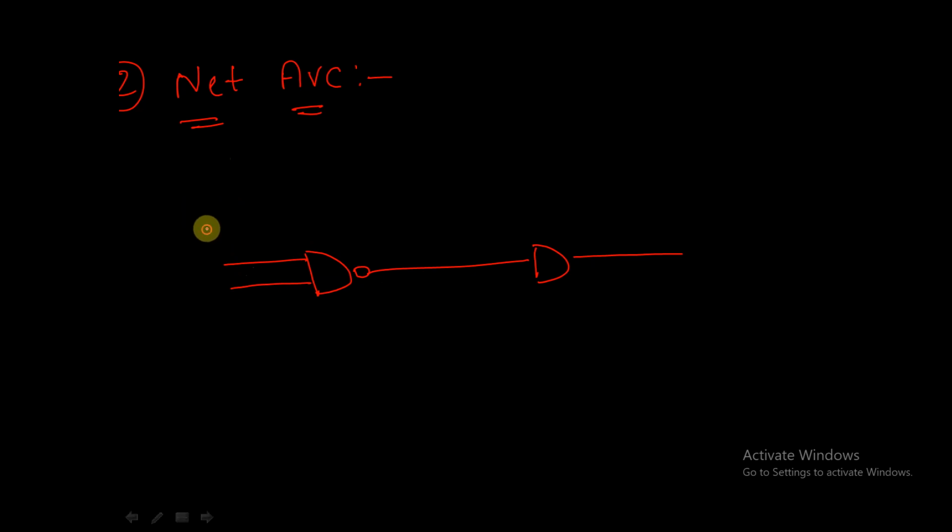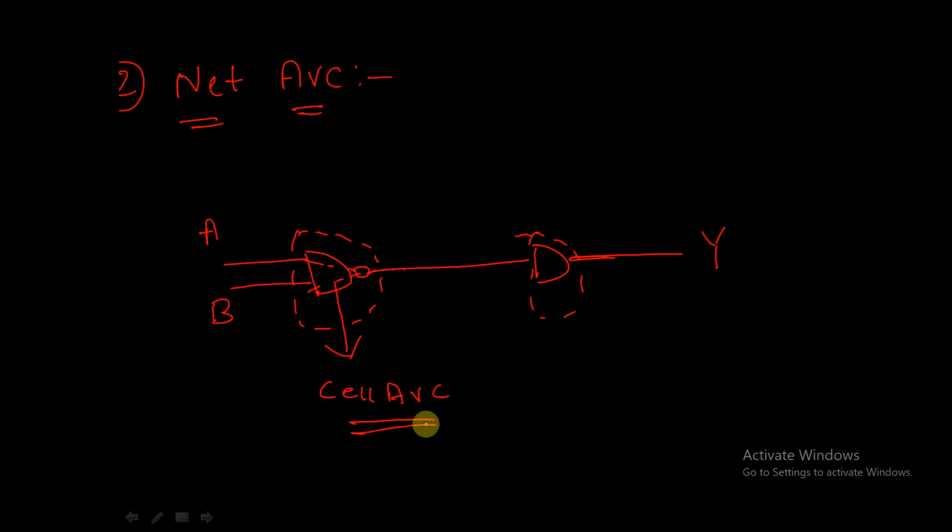These are my inputs A and B, and this is my Y. This is a combinational cell, and this is also a combinational cell. Here, the path for the signals from the input pin to the output pin of this particular cell is called the cell arc. So this is my cell arc.